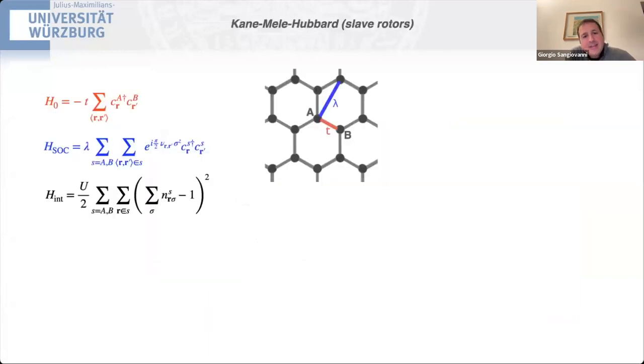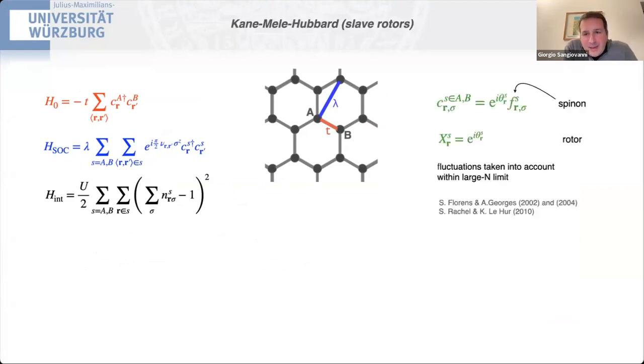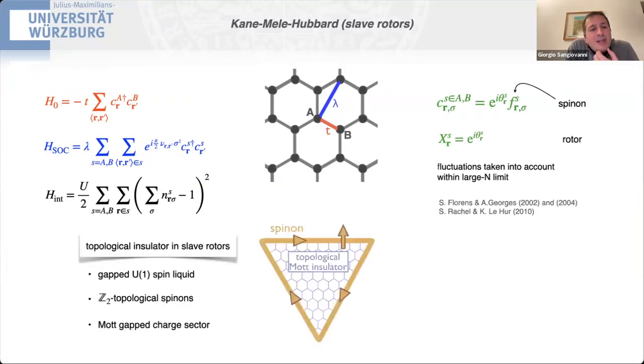So to understand this kind of apparent loss of charge conservation, we looked at the Kane-Mele-Hubbard model and solved that with the slave rotor methods introduced by Antoine and Serge Florens. Essentially here, we go to the large M limit and solve the rotor quantum sigma model equations.